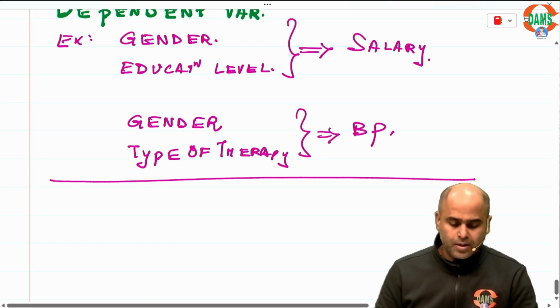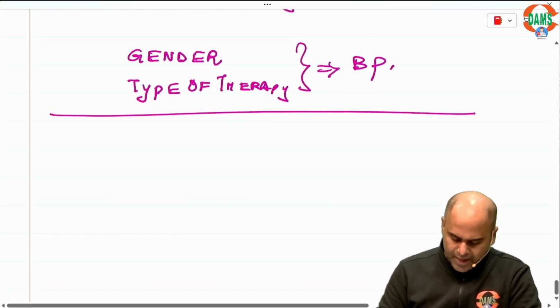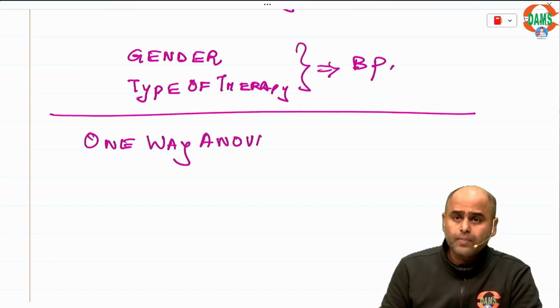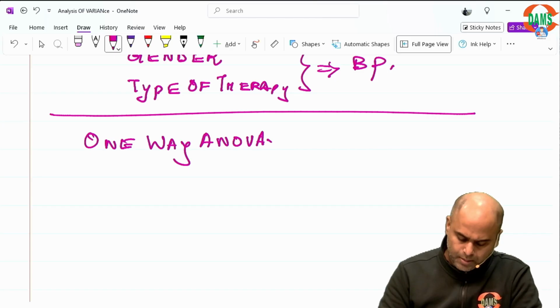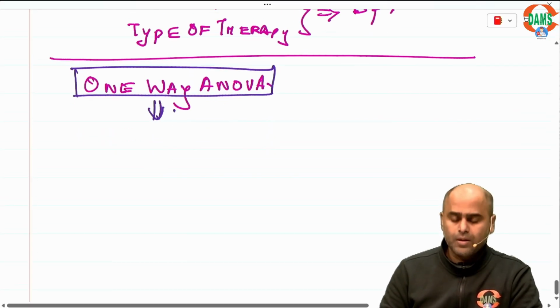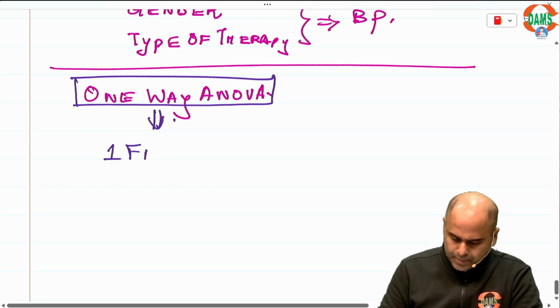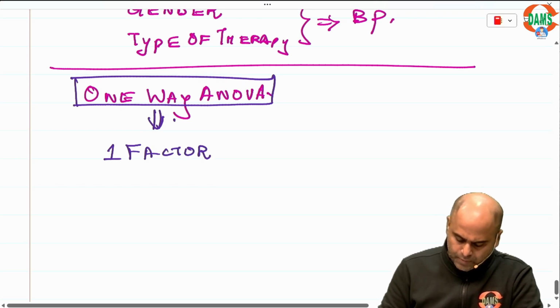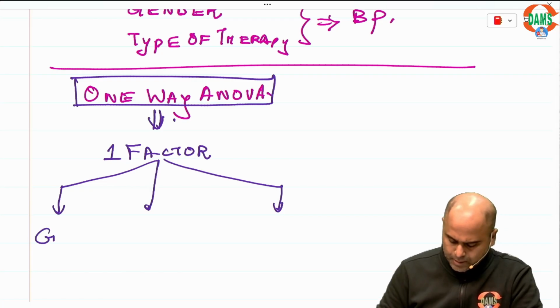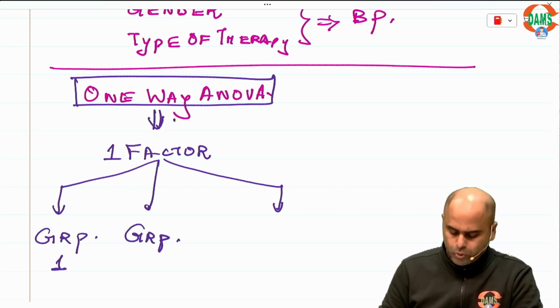Yes guys. Now, in a one-way ANOVA, we would be basically going for one factor which is impacting my group 1, group 2 and group 3.